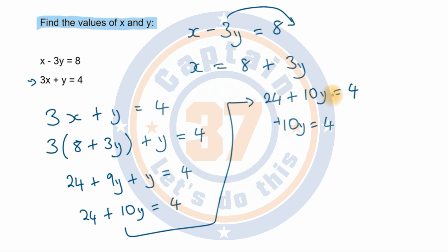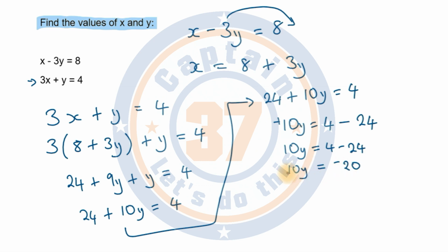It crosses the equal to sign, so it's going to be negative, minus 24. When there's this positive sign, it's as good as there's nothing there, so you can ignore it. So what we have here is 10y is equal to 4 minus 24. 4 minus 24 is negative 20. So we have 10y is equal to negative 20.